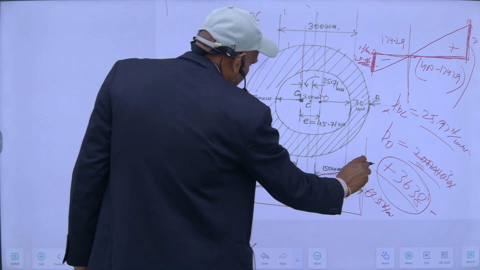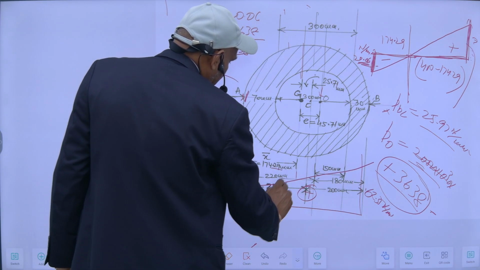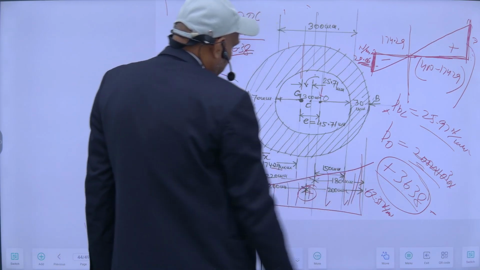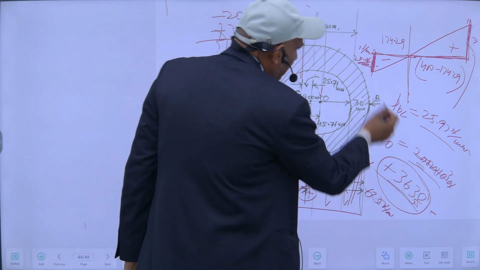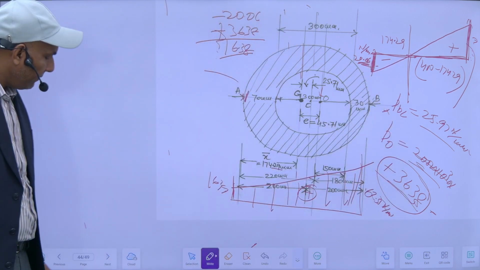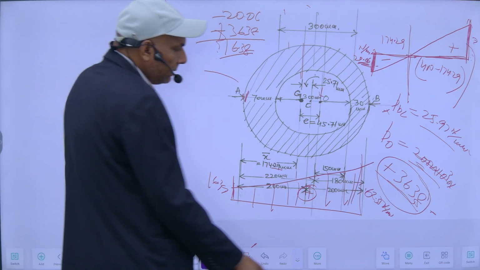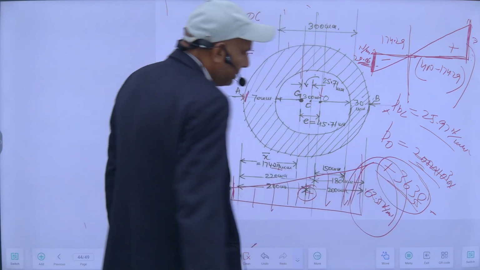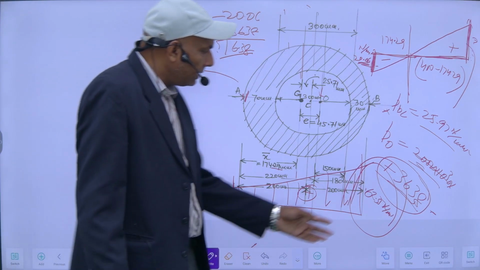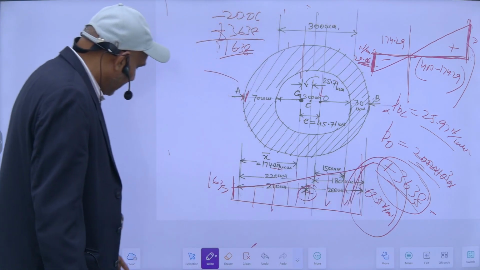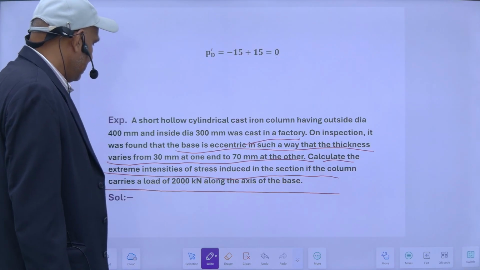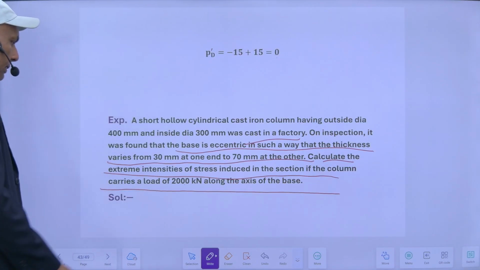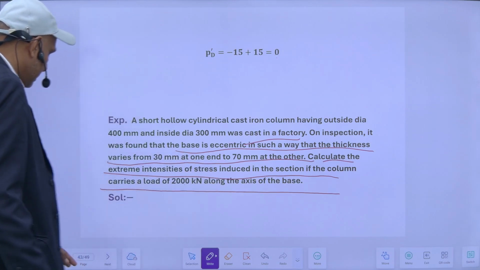So this will be my final stress diagram. It is compressive here also, because the direct stress is more than the bending tensile. So this is my final stress diagram and this is my answer. The maximum compressive stress will be here, and this will be 62.35. So the extreme intensity of stress induced in the section is this much.